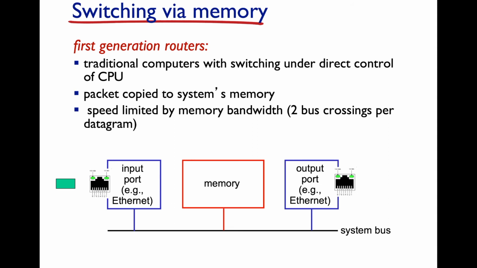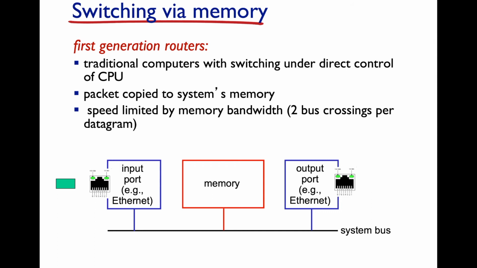In the first generation routers, these were nothing more than traditional computers where the control plane was under direct control of the CPU, right? So the CPU or processor implemented the control plane function. What happens is a packet would come in and it would be put into the system's memory. So you were limited in terms of switching rate by the bus bandwidth associated with memory I/O operations.